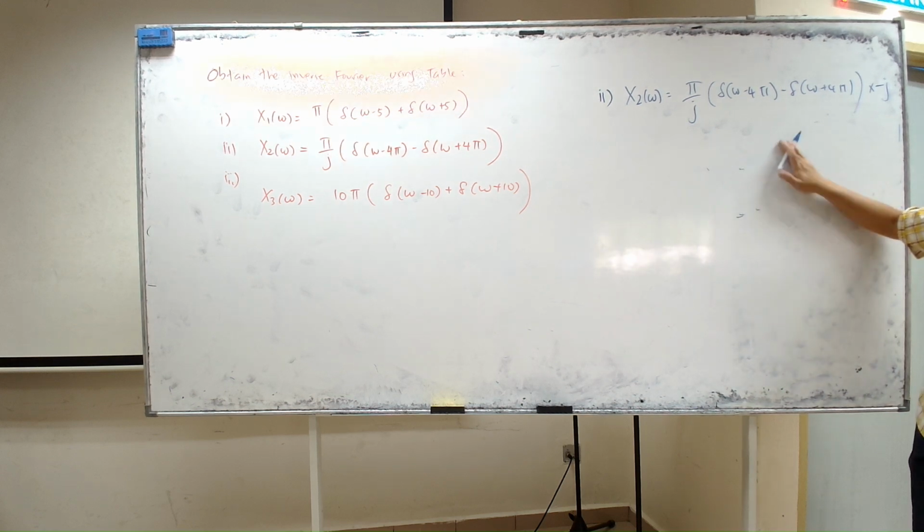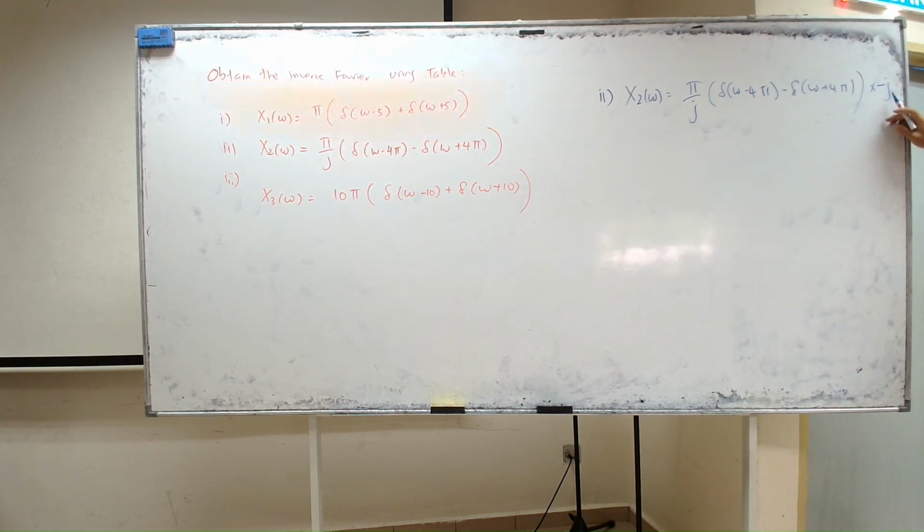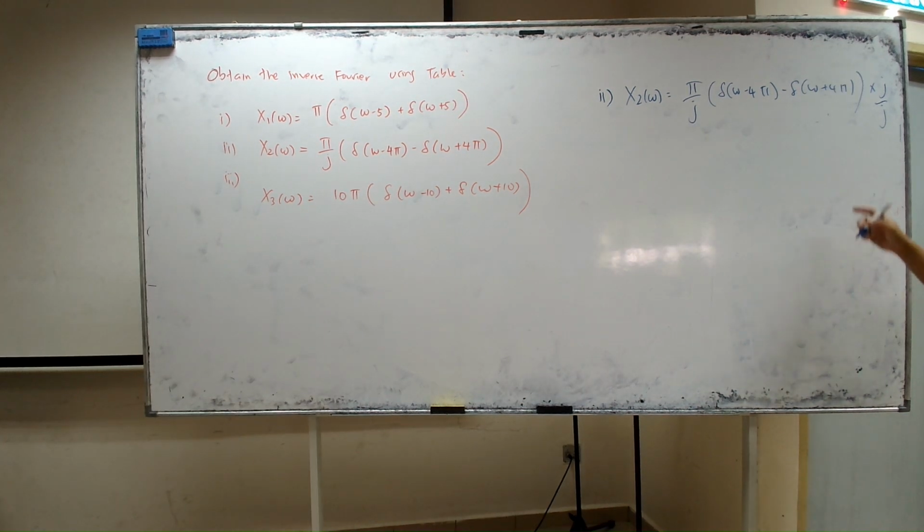So in this case, can we multiply with negative j only? Can we multiply with j only? That's why we need to multiply with j over j. Why j over j? Now j over j equal to 1, so everything will be the same.